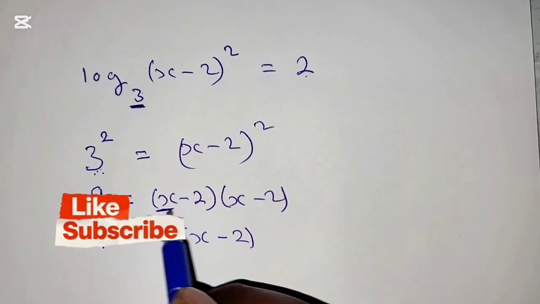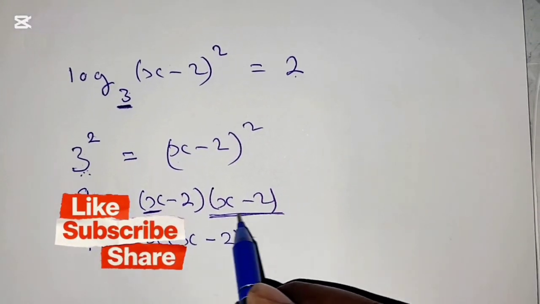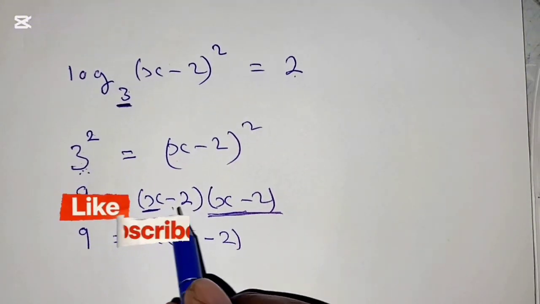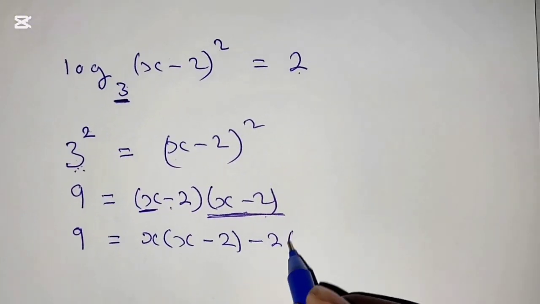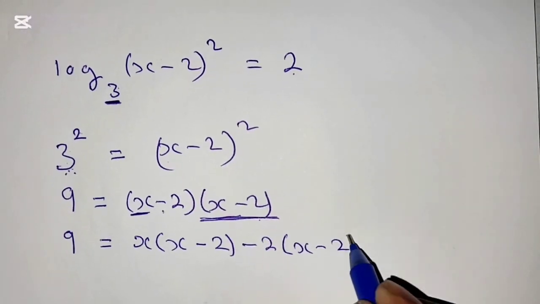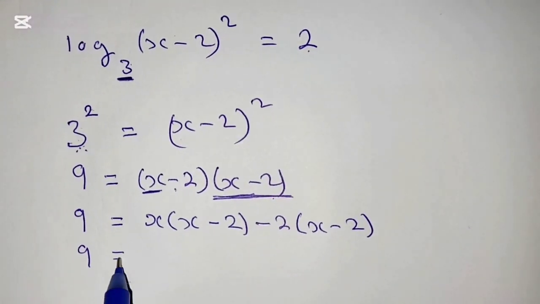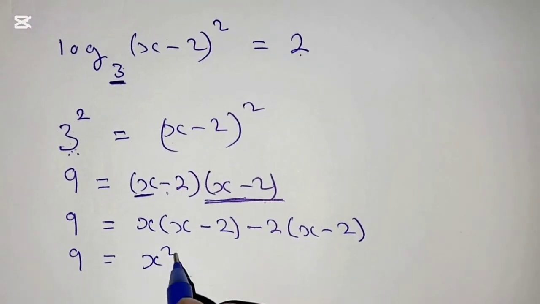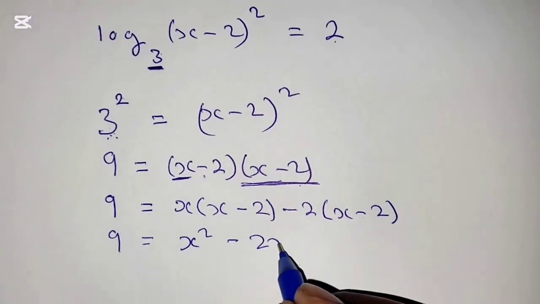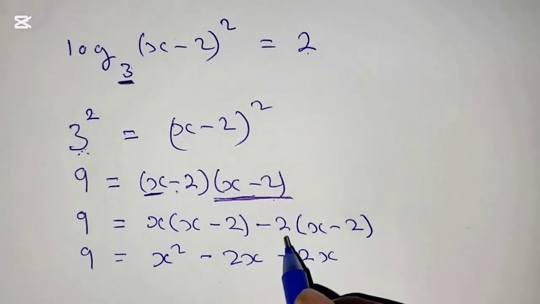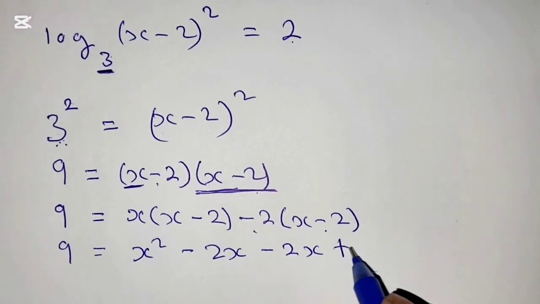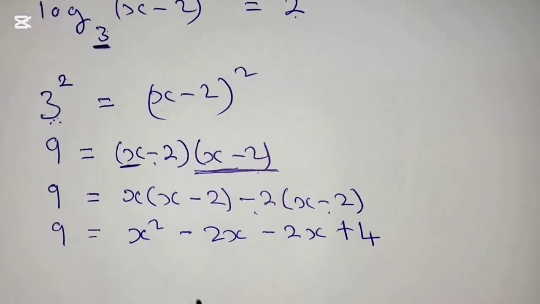So this x is going to multiply the whole second bracket, and negative 2 is going to multiply this second bracket also. So it's now minus 2 multiplied by x minus 2. So 9 is equal to x times x, we get x squared, minus x times 2, that's 2x, minus 2 times x, that's 2x. So minus 2 times minus 2, you get plus 4 or positive 4.